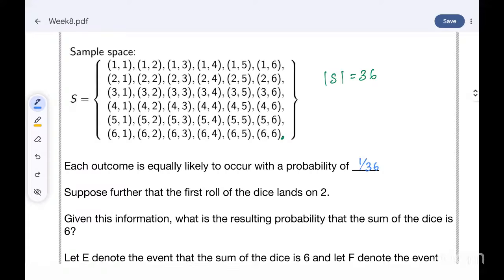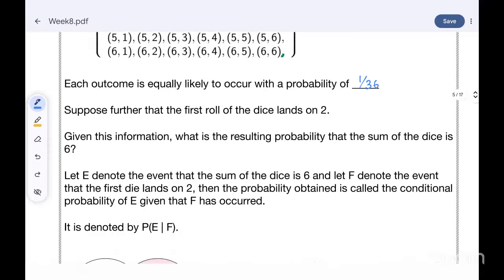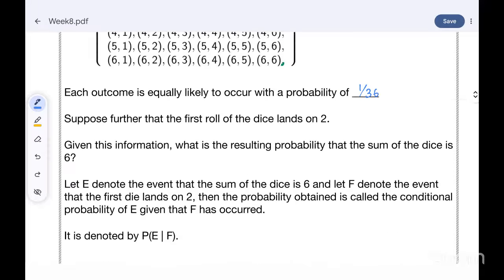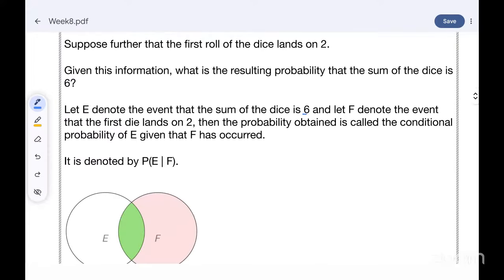Because suppose we denote E as the event of getting the sum of the dice as 6, and F as the event of getting the die where the first entry is 2, right? So for F and E, how many entries are there, and what are they? First let's say about F. What are the entries in F? 2 1, 2 2, 2 3, 2 4, 2 5, 2 6.